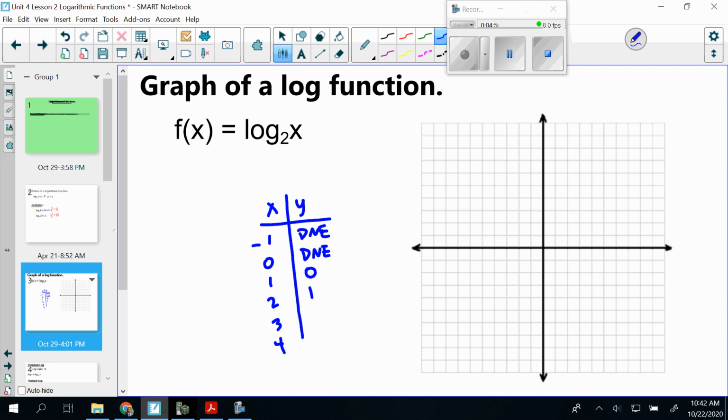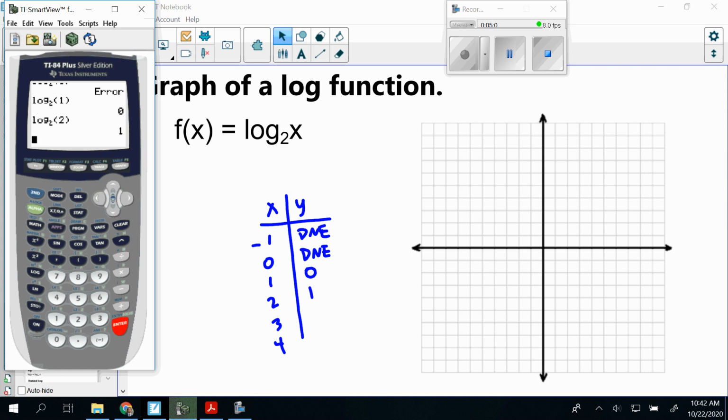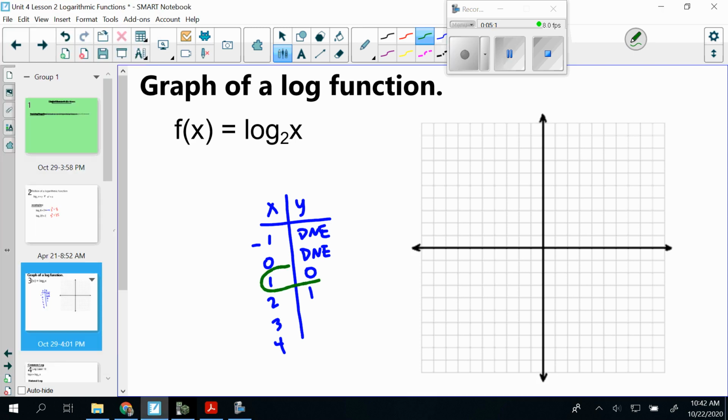Now, while we're doing these, some of your calculators may not have this function available. It is possible to still do these on your calculator if you don't have this function. For example, let's take this one that we were doing. We entered it in the calculator just a little bit ago: we typed in a 2, and for the bigger number, what we were taking the log of, we typed in 1, and we got 0.